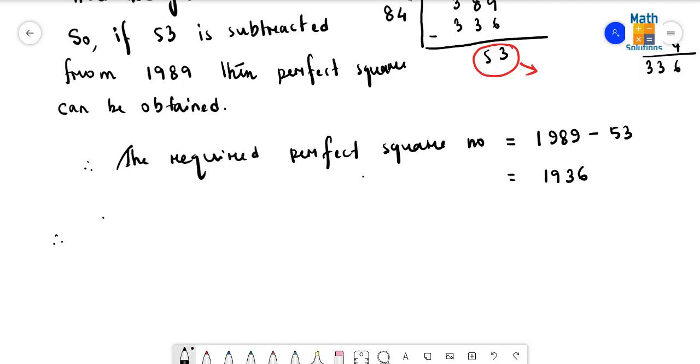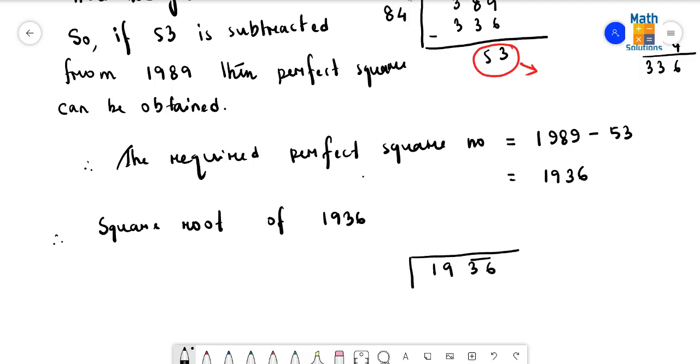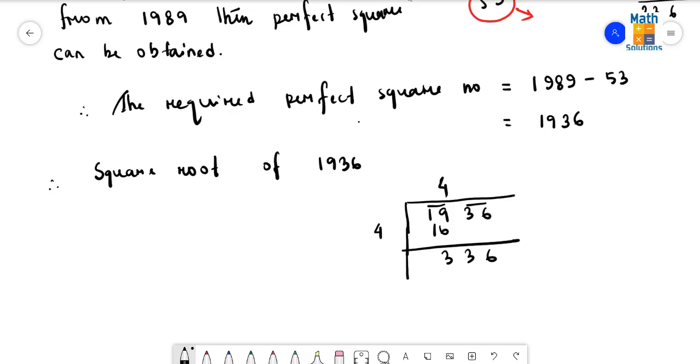Therefore, square root of 1936 by division method. Let us check. 1936, do the pairing. Of course, by 4 I can divide this. 16, 336. As we did in the previous case, I have to make it double.